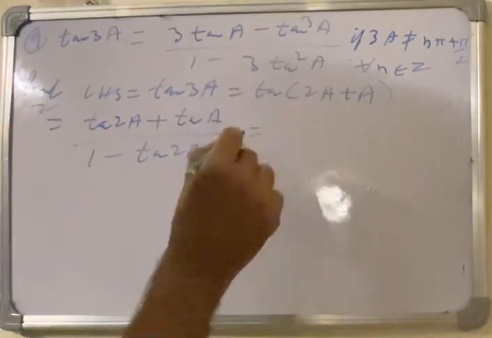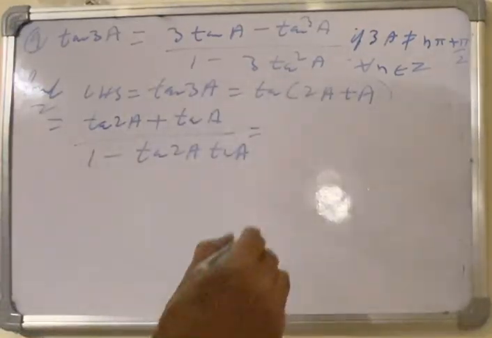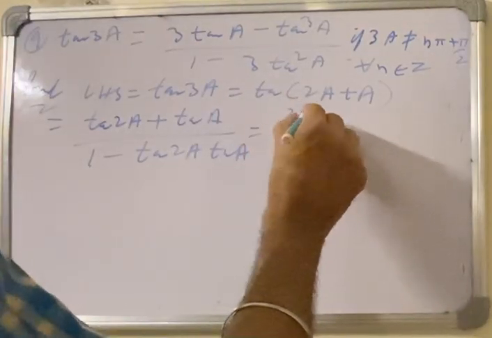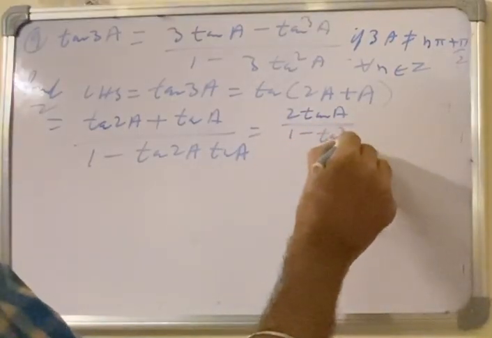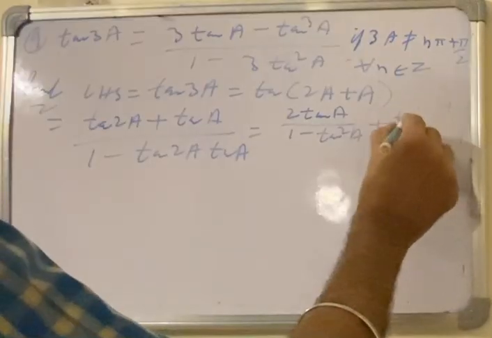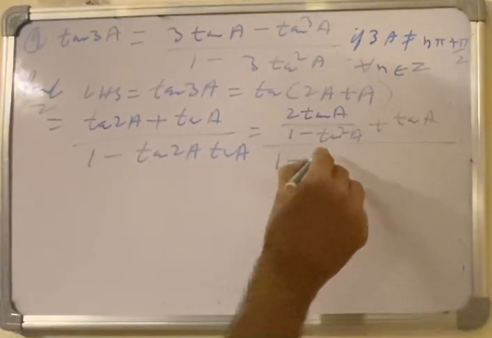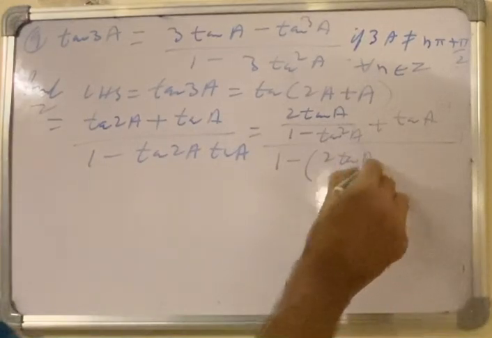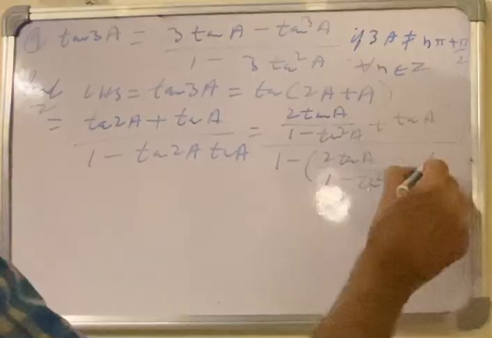Then we put value of tan 2a, which is 2 tan a over 1 minus tan square a. So 2 tan a over 1 minus tan square a plus tan a, over 1 minus bracket 2 tan a over 1 minus tan square a into tan a.